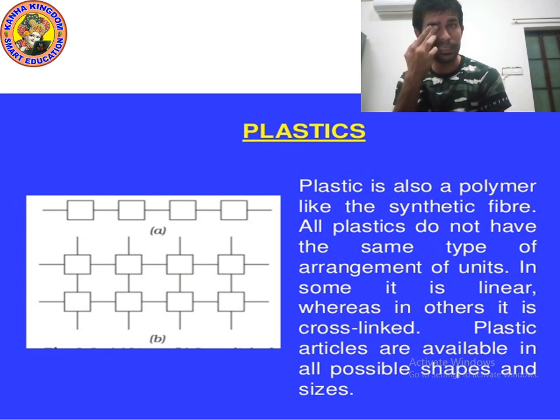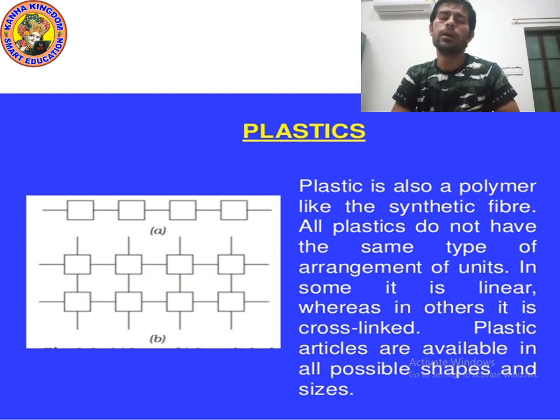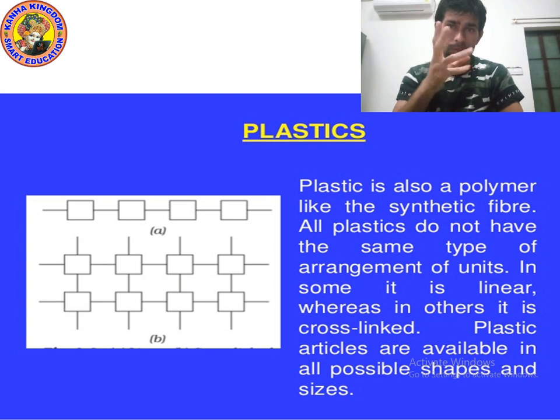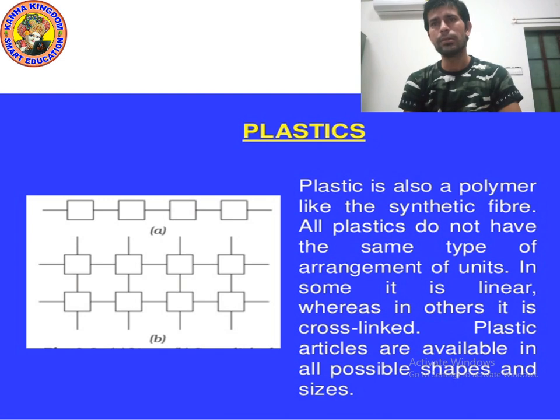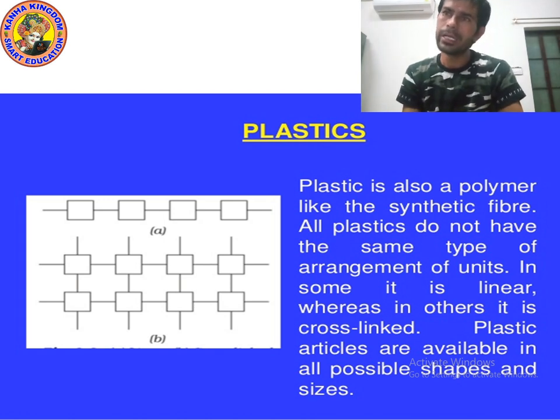You can see in the picture A and B, two types of arrangement. In some plastic the arrangement is linear, and in some it is cross-linked. In the picture, the above one shows linear and the downside one shows cross-linked.